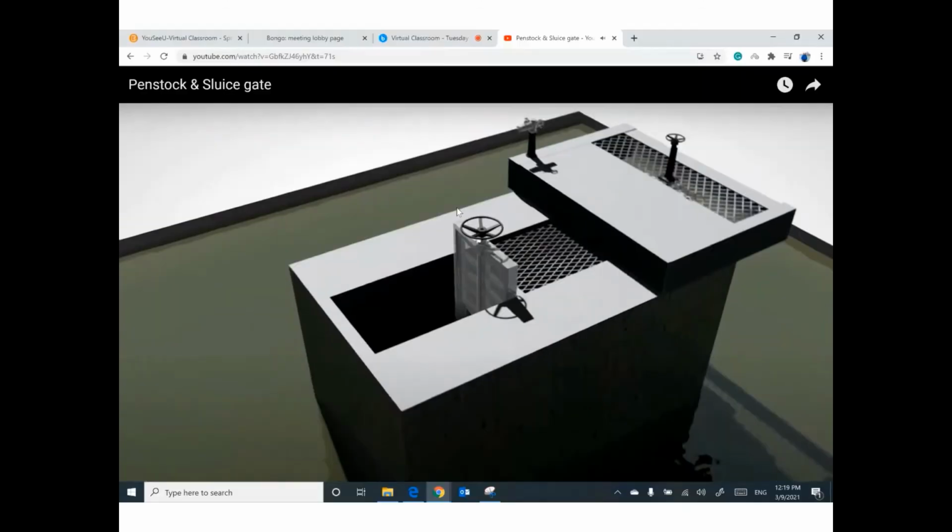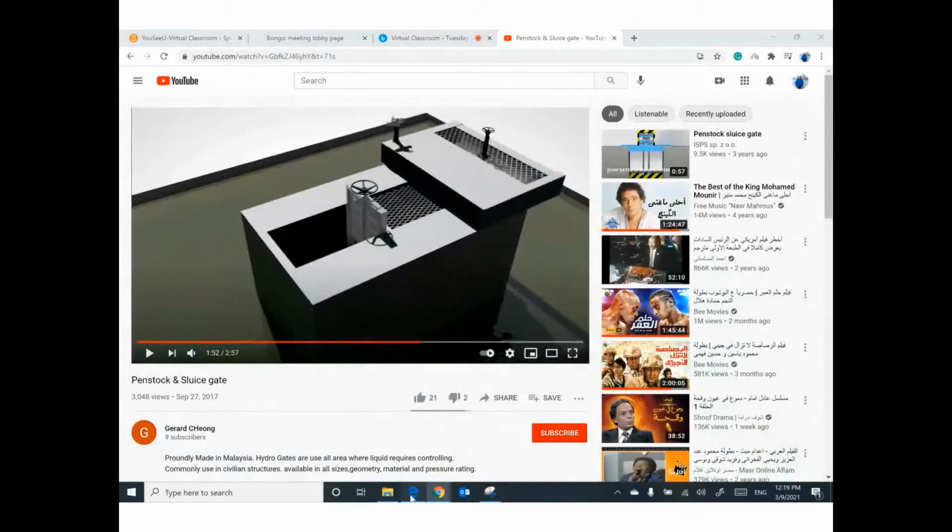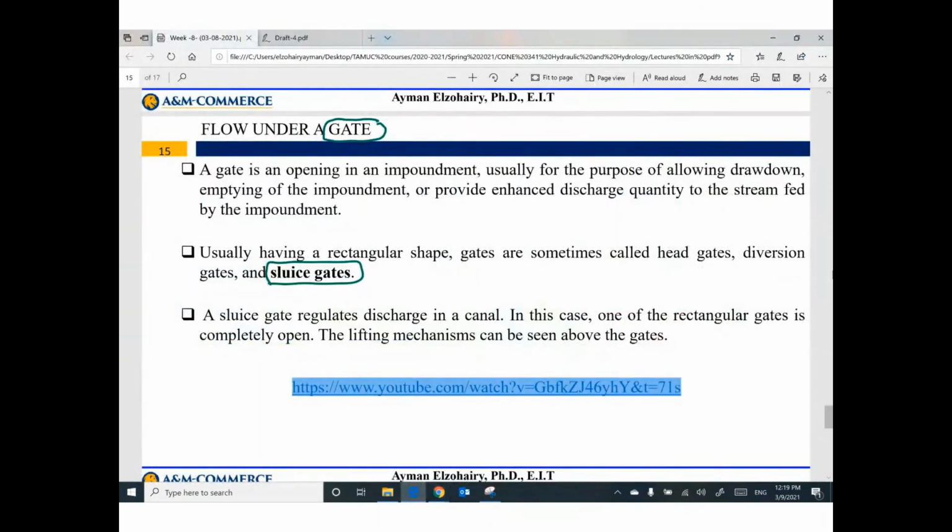So we have different types of gates to control flowing of water from a source of water to a canal or channel or something like this.